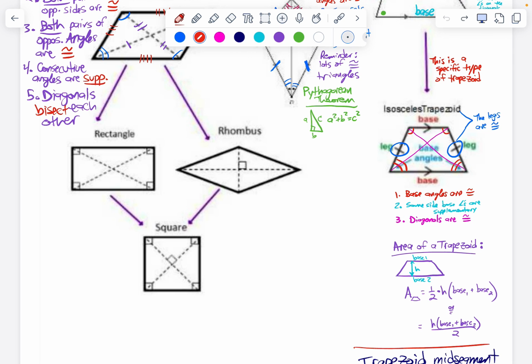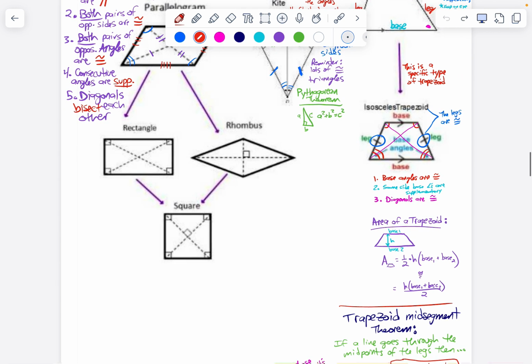Let's see. How can I write this so it's clear? So these have all properties of, I'm going to abbreviate parallelograms, just p-gram, so p-grams.